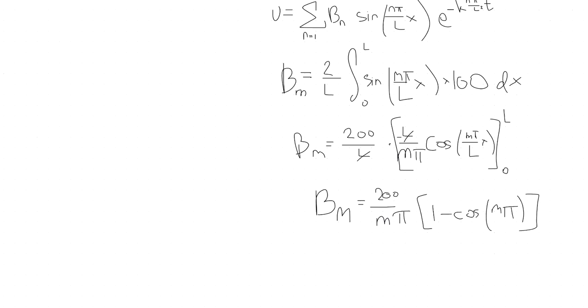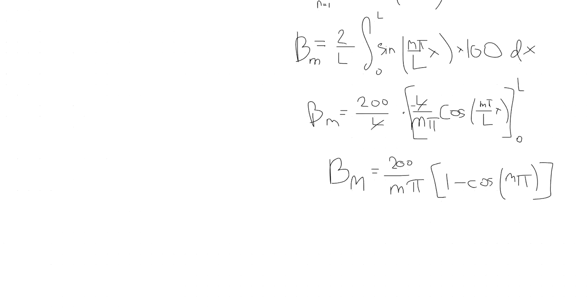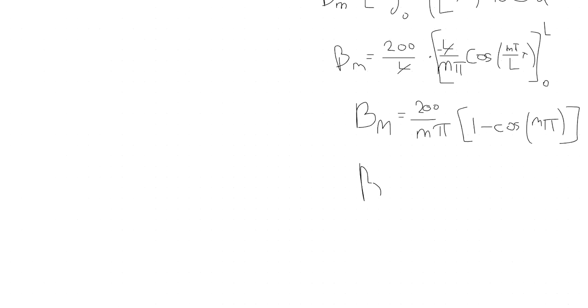And what we can further do is notice that for any value of m that's even, this value becomes 0. And for any value where m is odd, it becomes 400 over m pi, because cosine becomes minus 1 when n is odd, and when n is even, this value is 0.